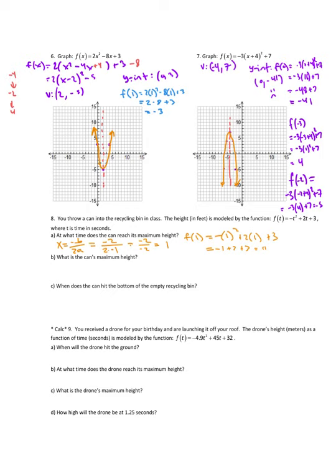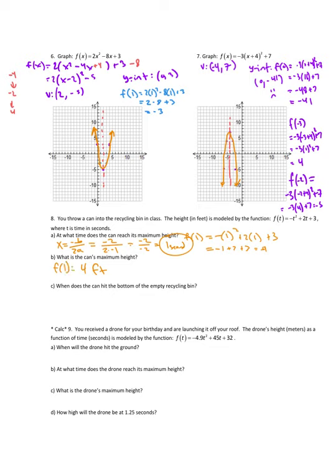That would be at t equals 1 second. And then I actually answered part B there. The maximum height is 4. So 4 feet. f of 1 equals 4 feet.